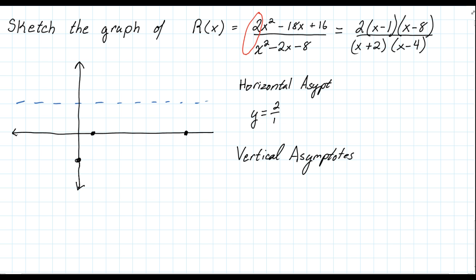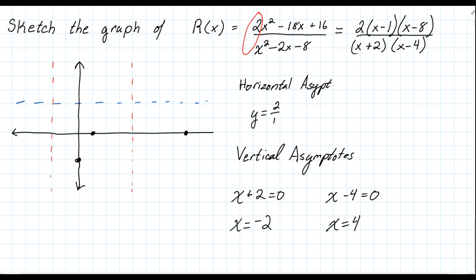So nothing cancels, so we have two vertical asymptotes. When x plus 2 equals 0, that'll give me one, and x minus 4 equals 0, that'll give me the other. So x equals negative 2, and x equals 4. So one of them is here. That's my line x equals negative 2, and then x equals 4 goes here.